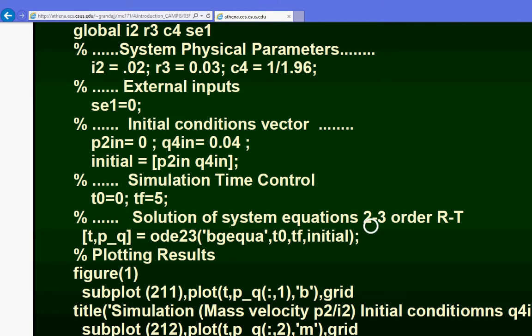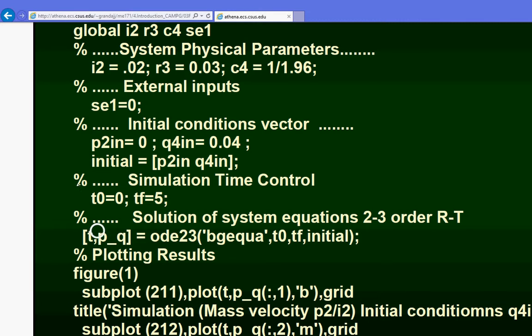And then the plot and results. This is the way it's structured. They continue a little bit on the equation side, but this is what's important.